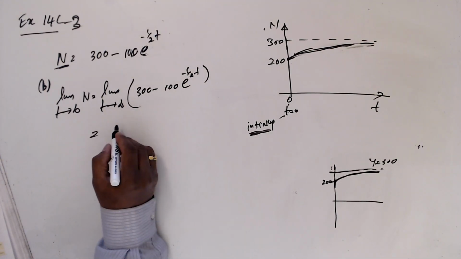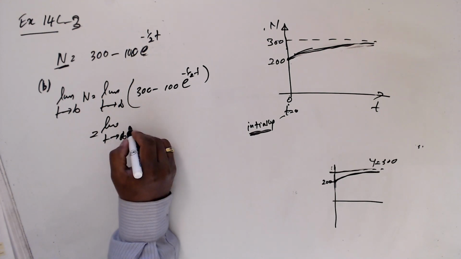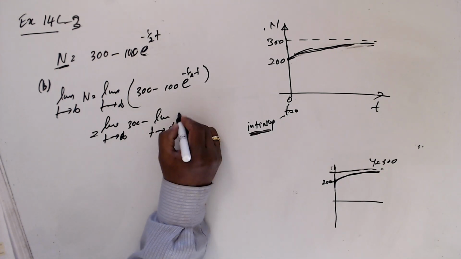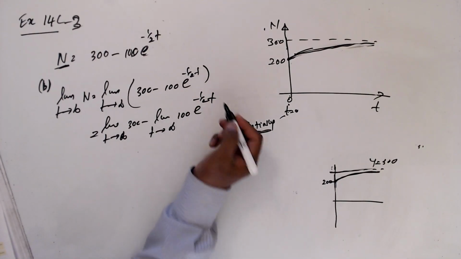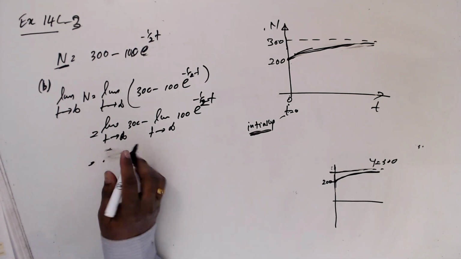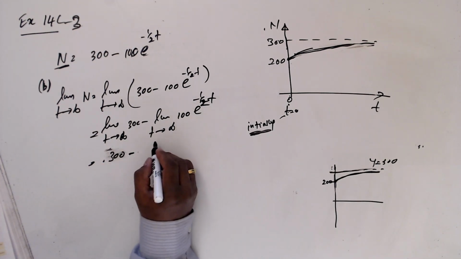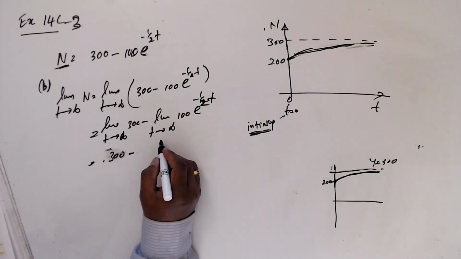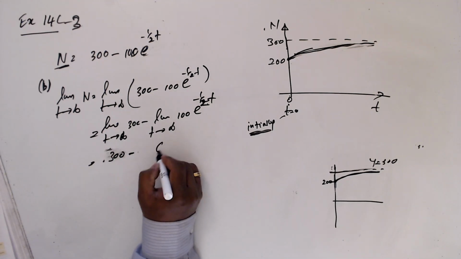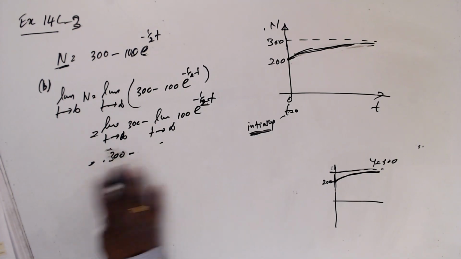So this is the limit as t goes to infinity of 300, minus the limit as t goes to infinity of 100e^(-t/2). So this is going to be 300 because there is no effect of t. And this part is going to be 0 as e^(-t/2) goes to 0. So this is 300.